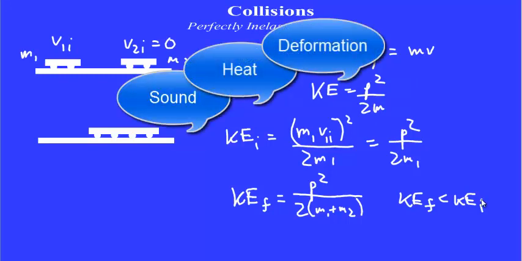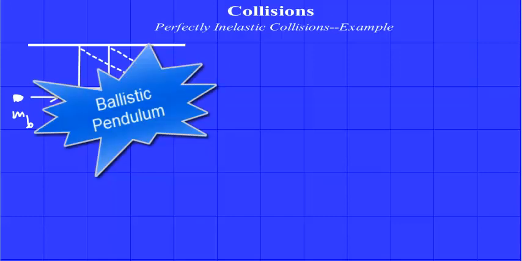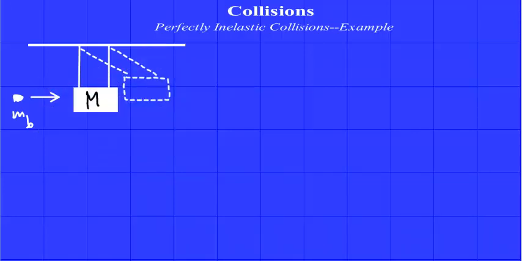All right, let's look at an example problem. This is probably the classic perfectly inelastic collision example problem. It's called the ballistic pendulum. It's a low-tech way of measuring the velocity of a high-speed object. What you do is you take a high-speed object like a bullet, like you see here, and you shoot it into a block so that it completely embeds itself into the block.